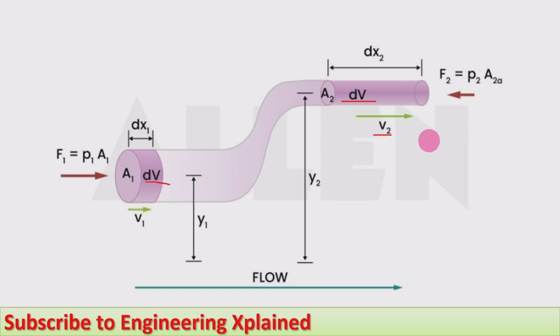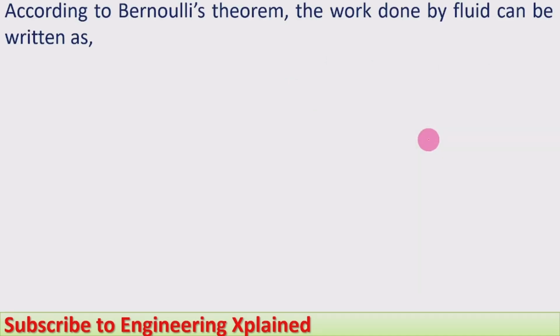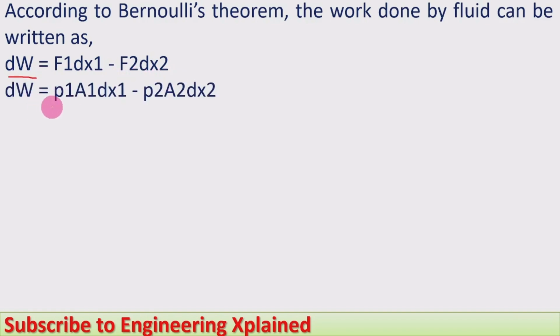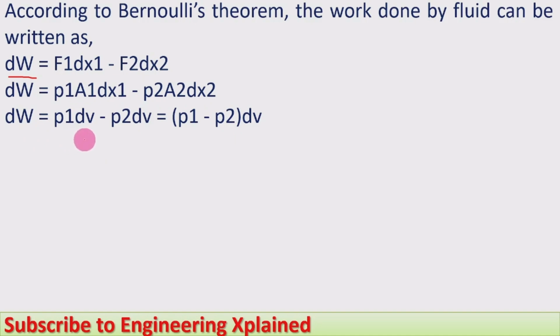By considering these two sections, if you write the work done equation according to Bernoulli's theorem, the small amount of work done at each section can be taken as dW equals F1 dx1 minus F2 dx2. F1 is P1 A1 and F2 is P2 A2, so dW equals P1 A1 dx1 minus P2 A2 dx2.